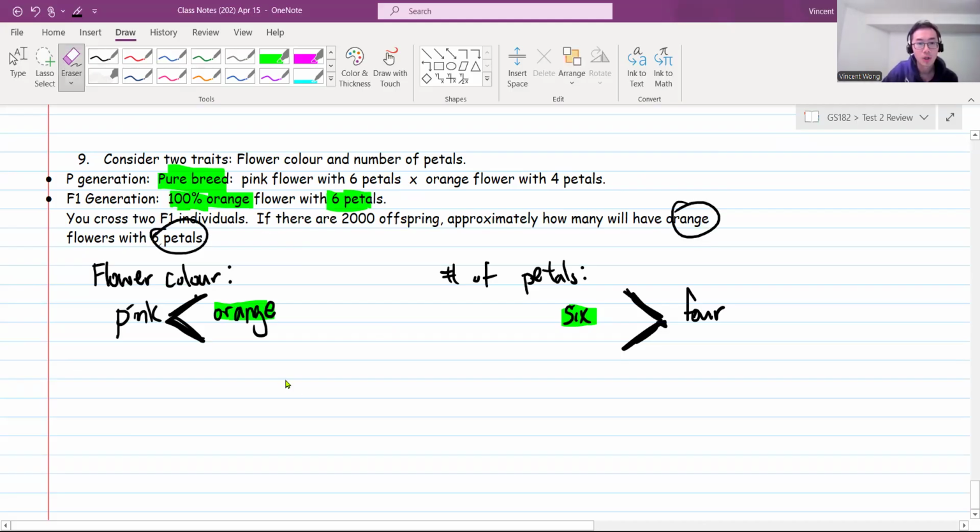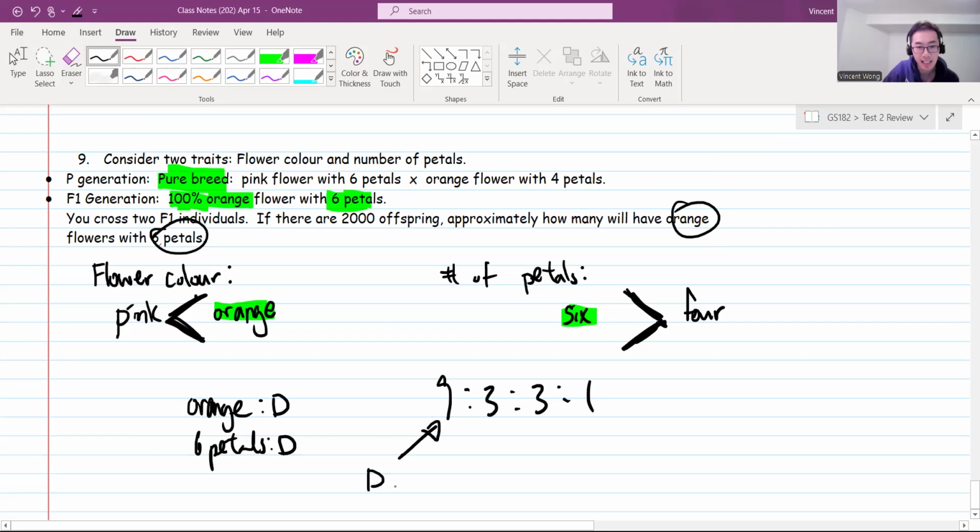Orange is a dominant trait and 6 petals is also a dominant trait. So in the 9-3-3-1 situation, 9 is the dominant, right? So 9 out of 16 is going to be orange with 6 petals. And we're talking about 2,000 offspring, so you multiply by 2,000, and that's going to give you the answer. 1125.